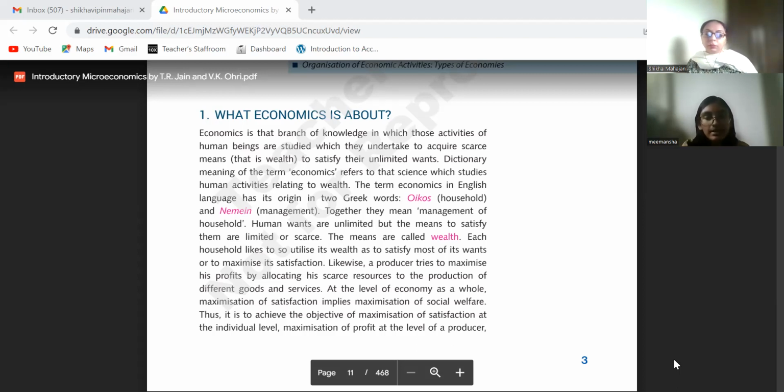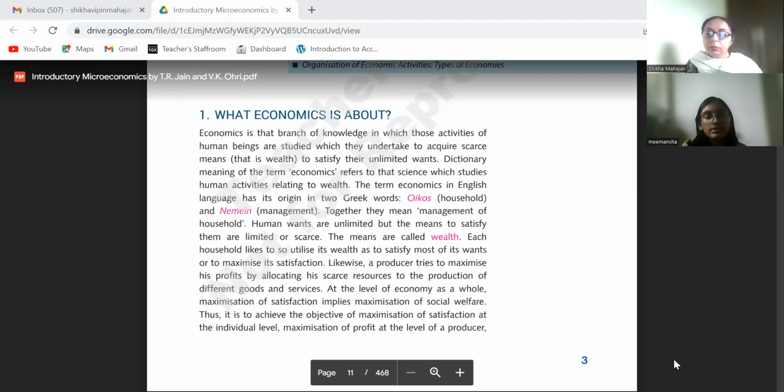So the means are called wealth. Each household likes to utilize its wealth as to satisfy most of its wants or to maximize its satisfaction. Likewise, a producer tries to maximize his profits by allocating his scarce resources to the production of different goods and services.